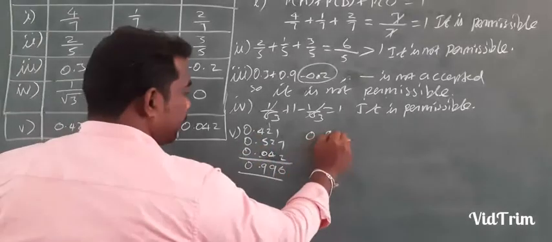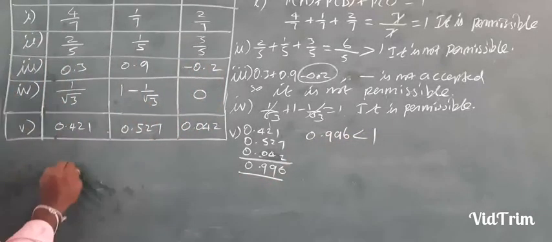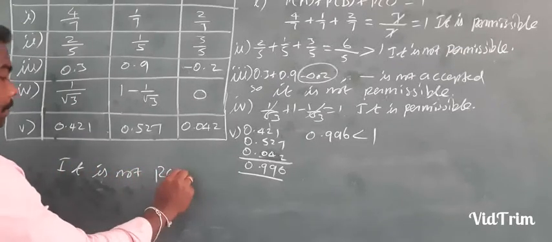It is less than 1. So the answer is, it is not permissible.